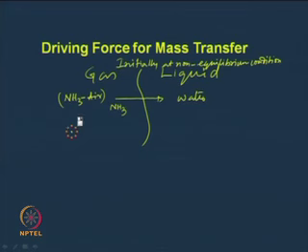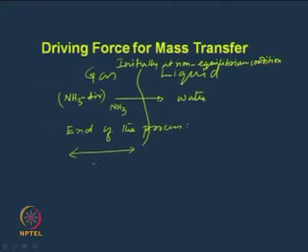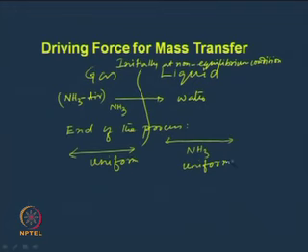So, at the end of the process, what we see? We see that the ammonia concentration in the gas phase is uniform, whereas in the liquid phase also ammonia concentration is uniform, but they are at different values.